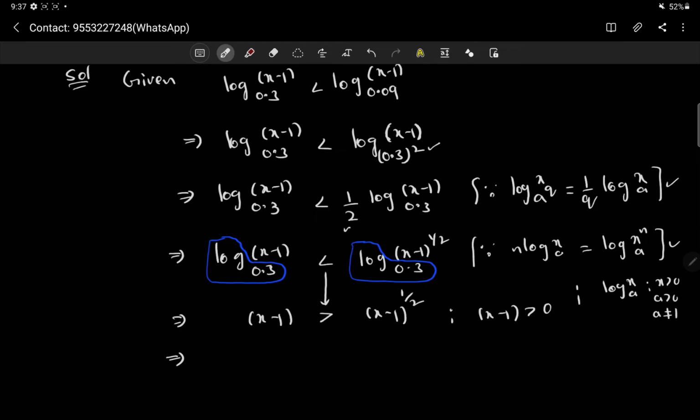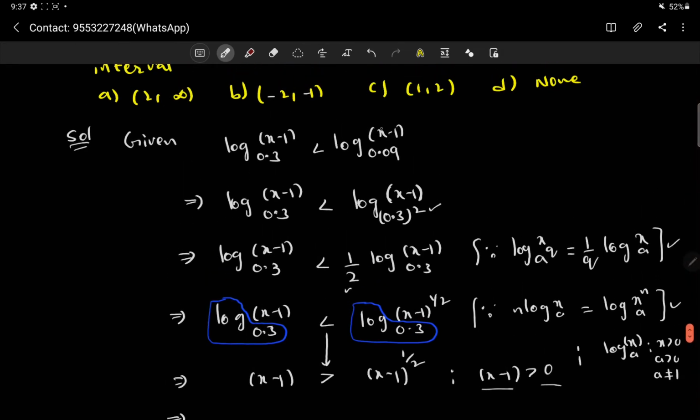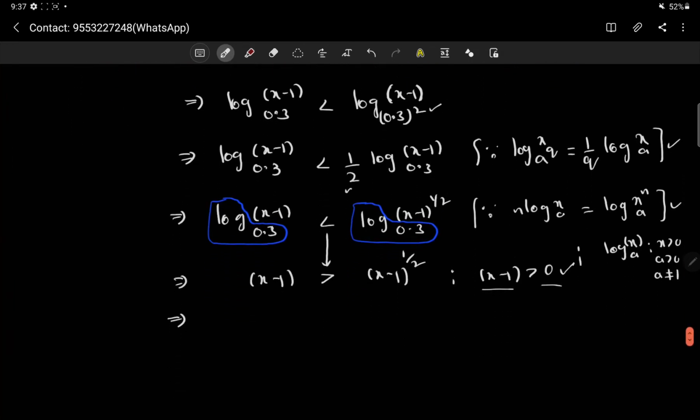So whatever you have in the logarithmic function should be greater than 0. You see here, x minus 1 is in the logarithmic function. That is why x minus 1 should be more than 0. That is what I have written here.